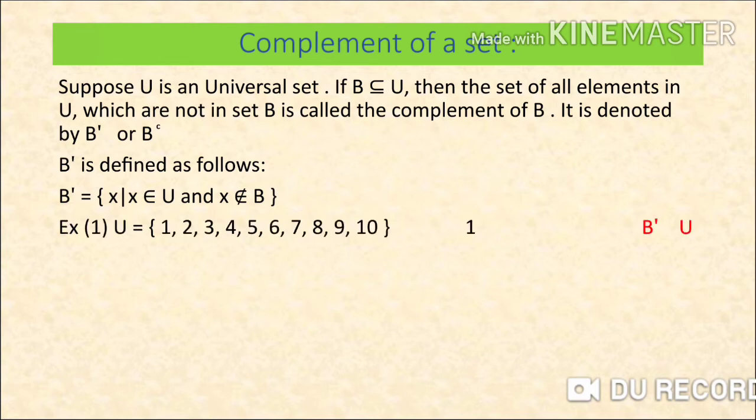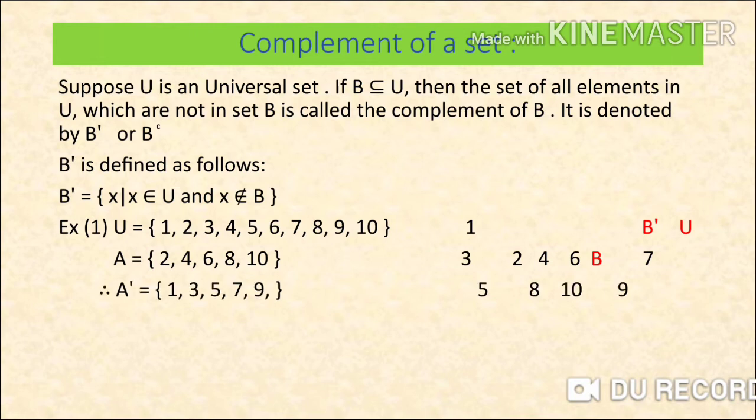For example, universal set is equal to {1, 2, 3, 4, 5, 6, 7, 8, 9, 10}. Set A contains elements 2, 4, 6, 8, 10.